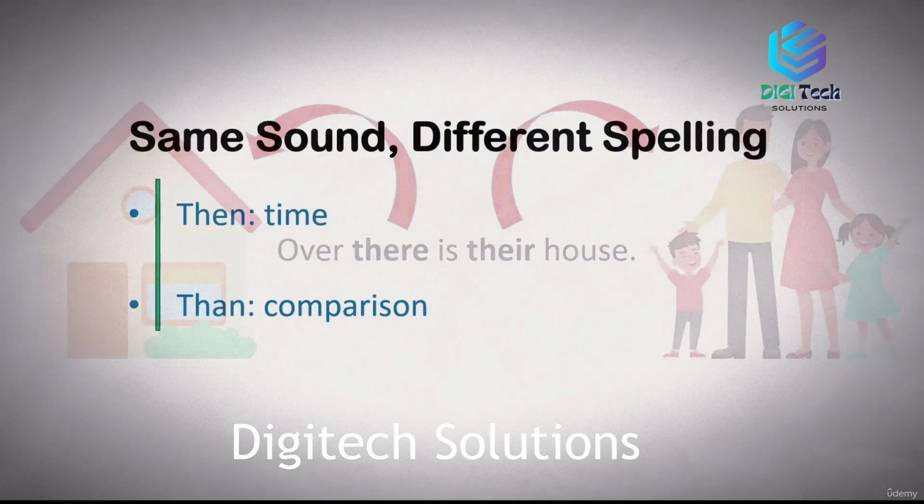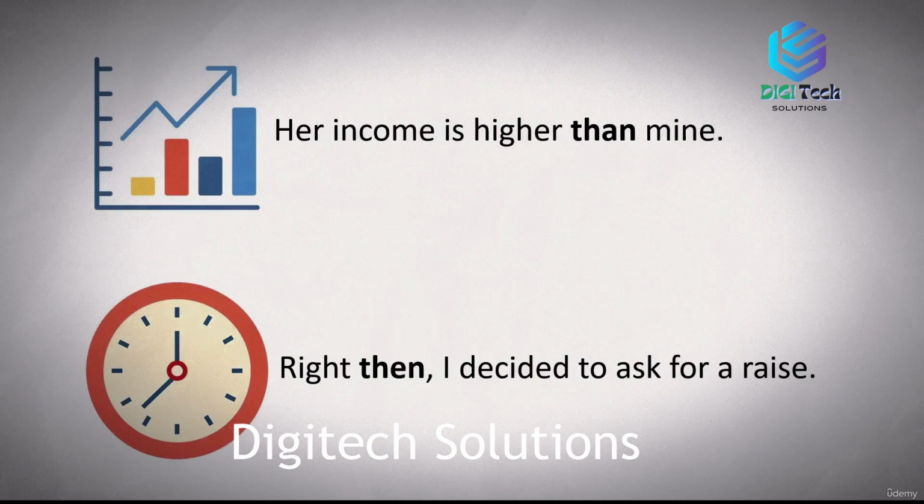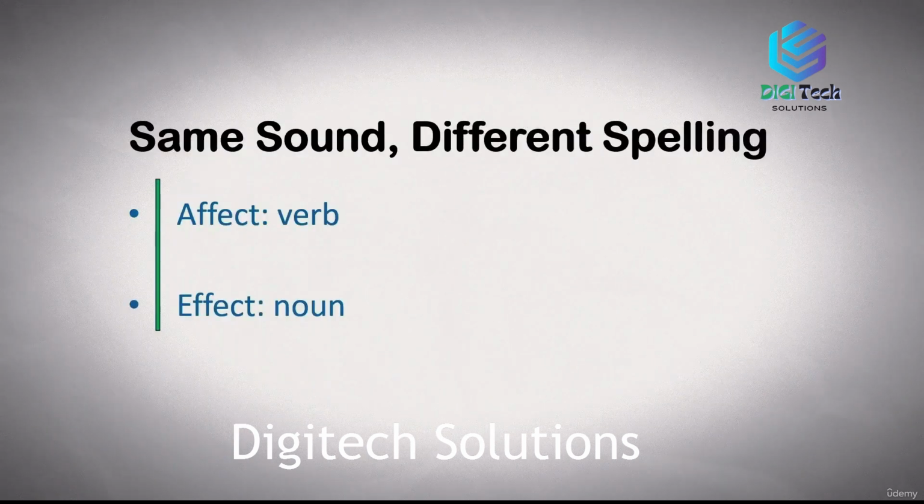Then and than. Then is a time word. Than is a comparison word. Her income is higher than mine, comparing. Right then, at that time, I decided to ask for a raise. Affect and effect. Affect is the verb. Effect is the noun.